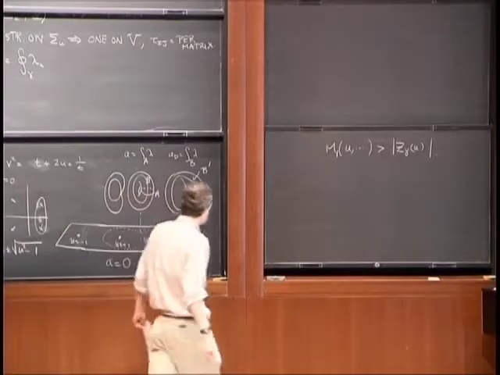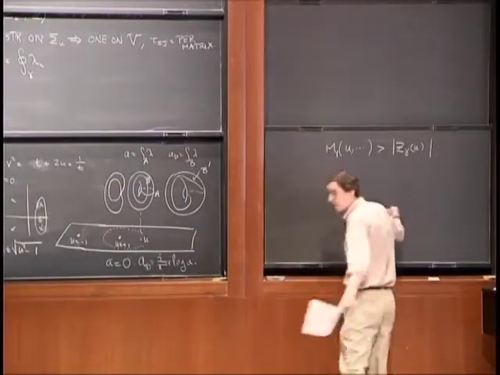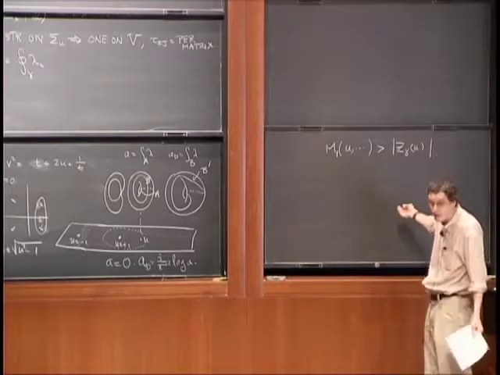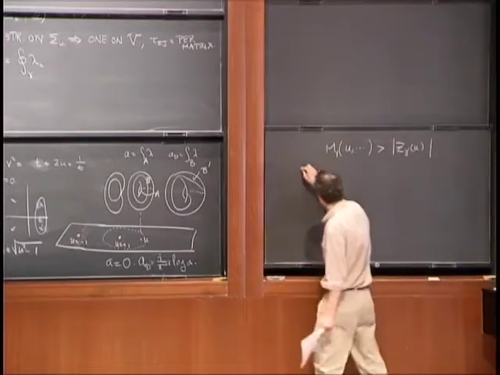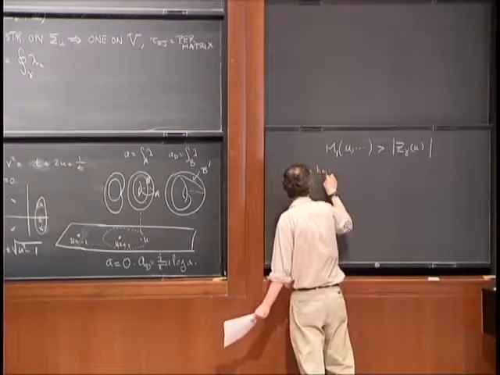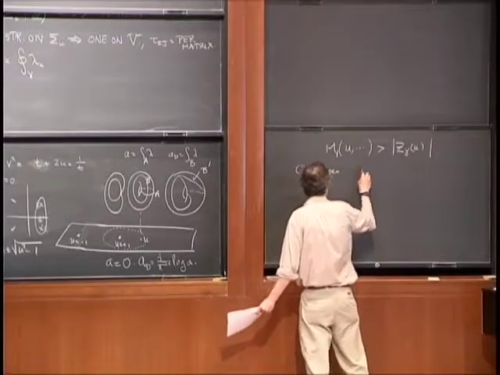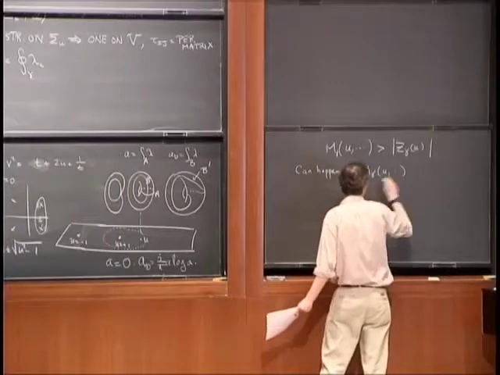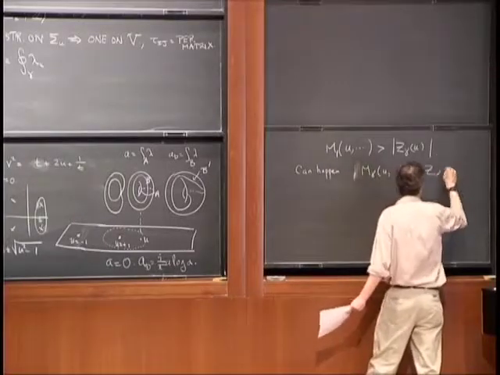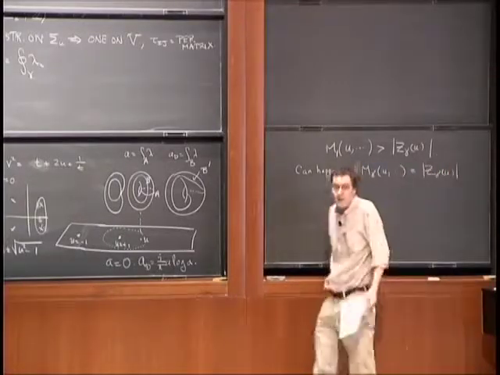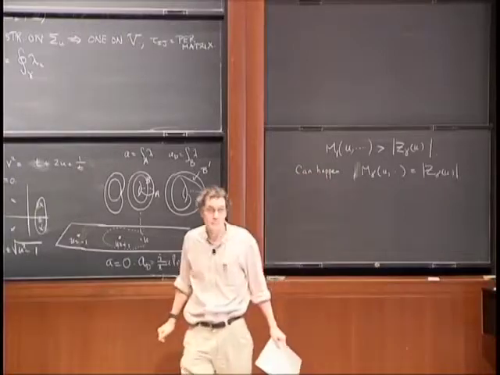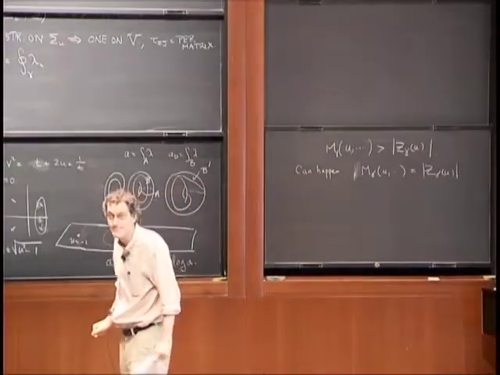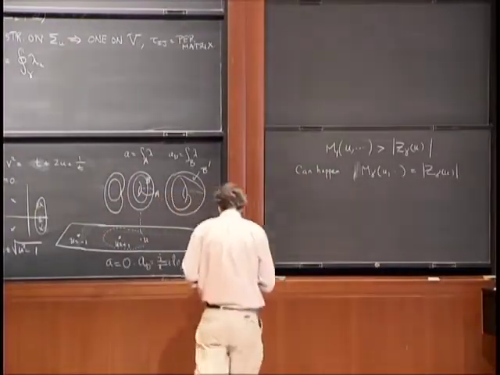But it can happen that as we vary those other parameters, for example, hypermultiplet parameters, it can happen that m sub gamma of u is equal to z sub gamma of u. Well, then we saturate the BPS bound. Okay? Then we saturate the BPS bound.